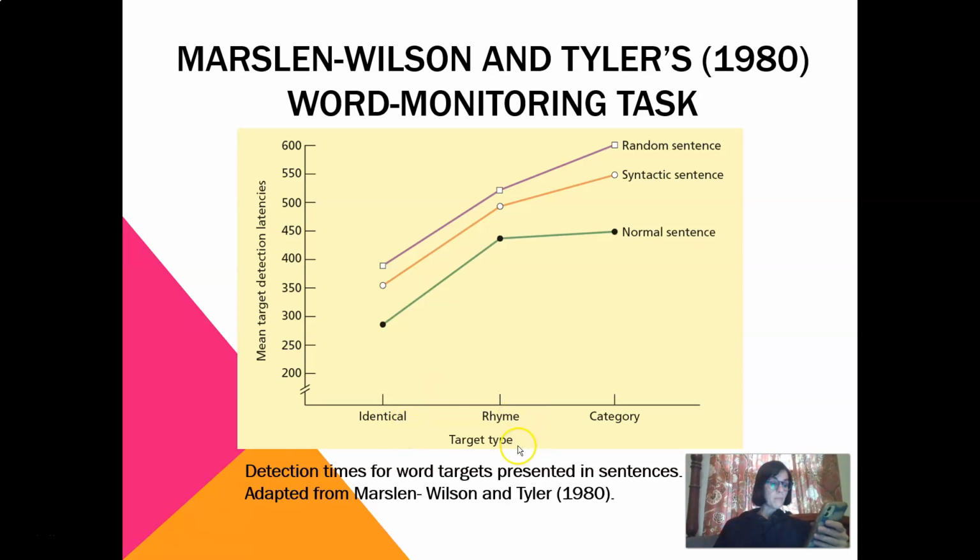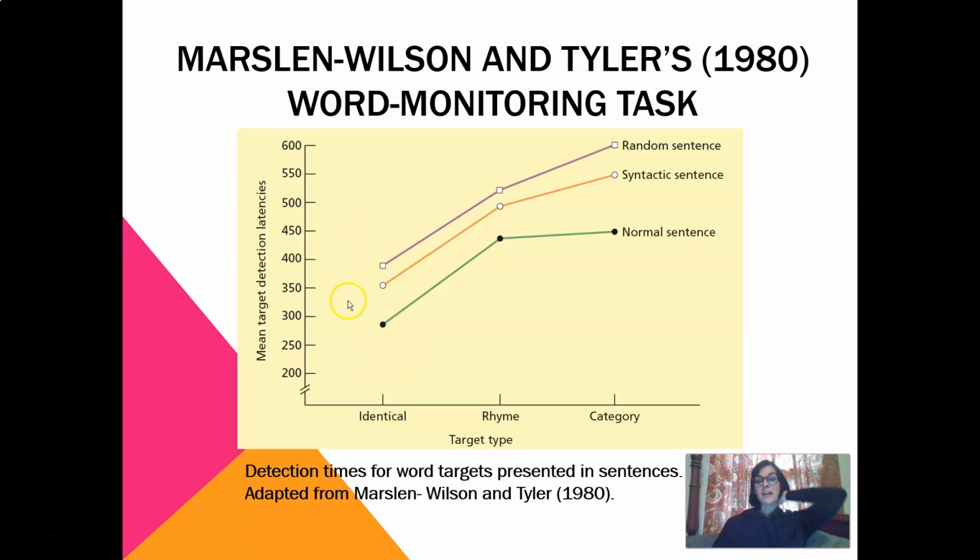If they had a rhyme monitoring, the subject had to listen for a word that rhymed with the cue word. So in this case, that might be a word like breed, or it had to be a word that was a category. So a lead, something that would kind of fit within that category, but not the same word, such as direct.